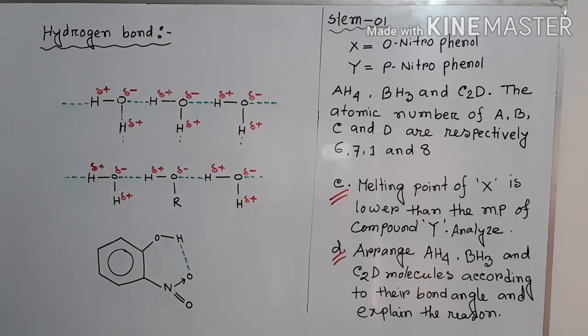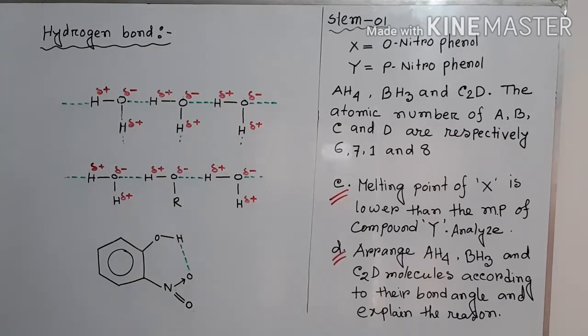This intermolecular hydrogen bond is formed between two or more molecules of the same or different types. Here we use only water molecules, and here water molecule and this one is alcohol.